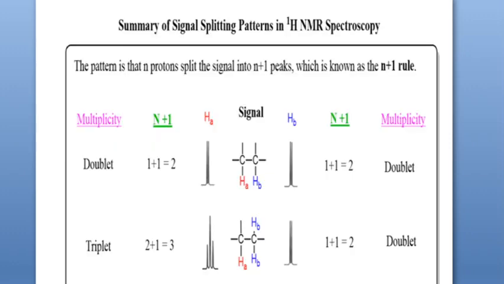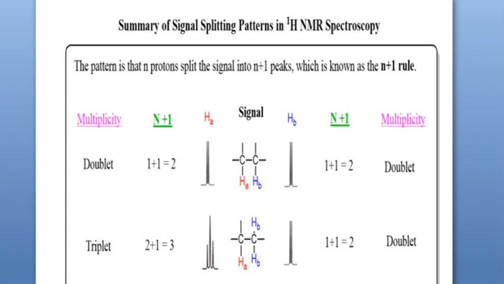So this is a summary of the signal splitting pattern in H1 NMR spectroscopy. The pattern is that if n protons split the signal, it gives n plus 1 peaks, which is known as the n plus 1 rule. So your multiplicity is a doublet for n plus 1, that is 1 plus 1.